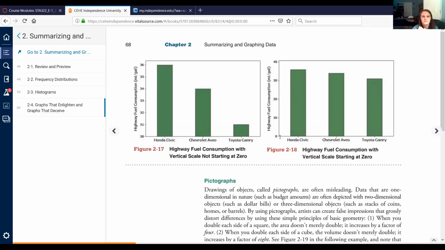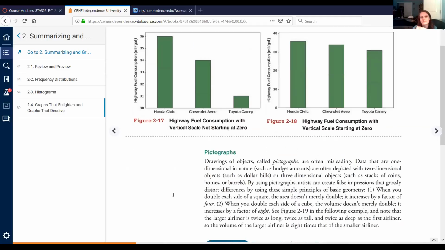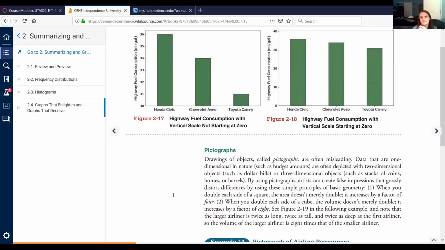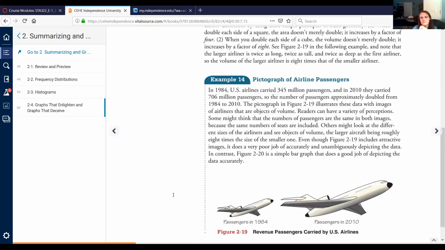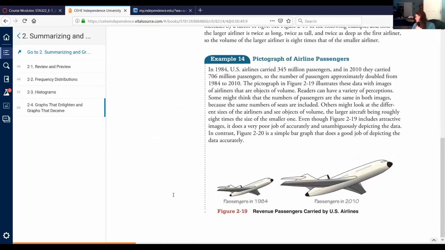If we started at 0, then yeah, the Honda Civic still is higher, but the differences now have become much less impressive. So this is a misleading way.